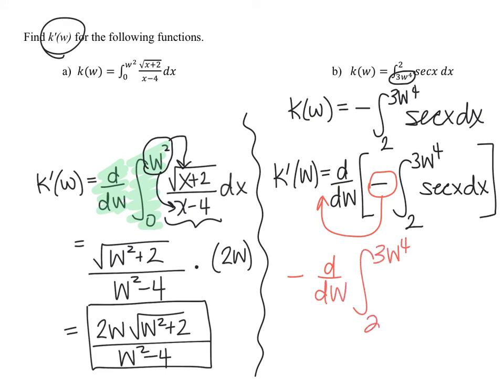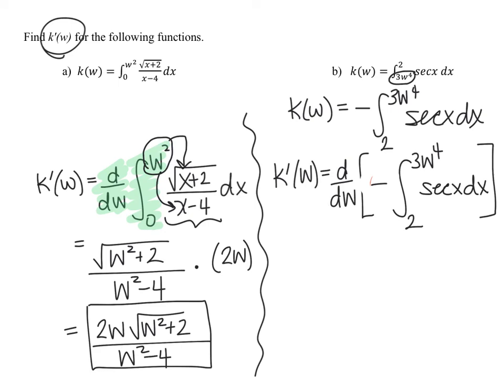But most people find that it's kind of unnecessary to actually write out that step and then write your next step. So you don't need to write the step that I have written here in red. It's somewhat unnecessary, I think, most of the time. But I wanted to make sure you understand why we're pulling that negative out in front. It's because we're taking the derivative of a constant times a function.